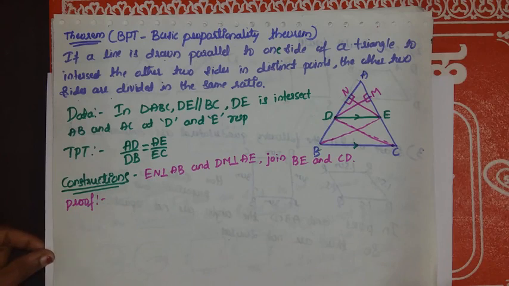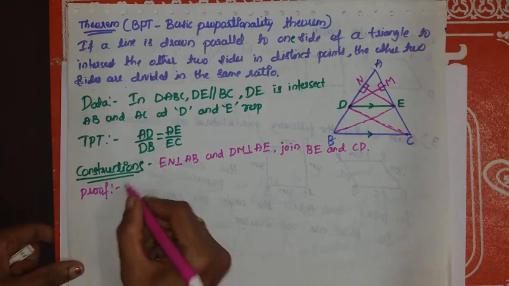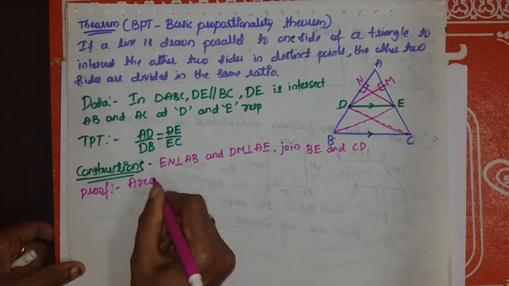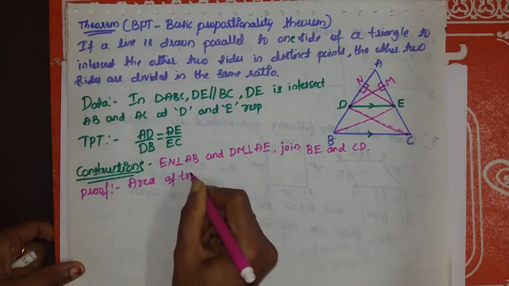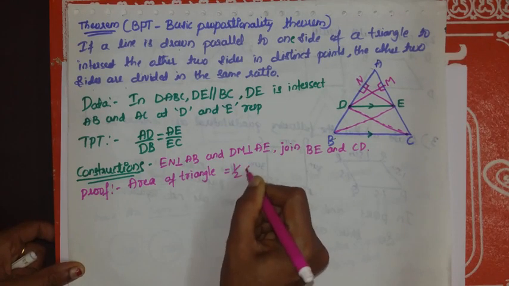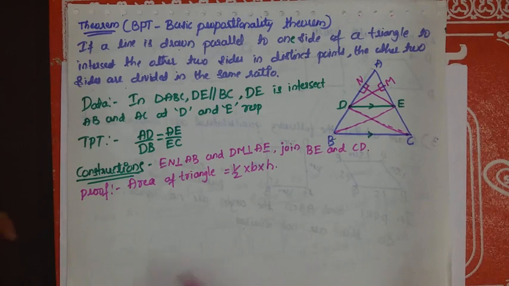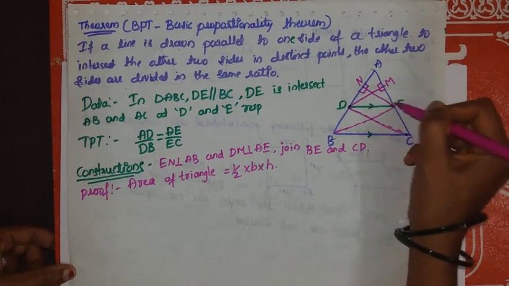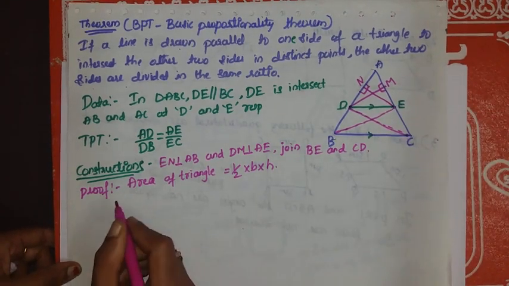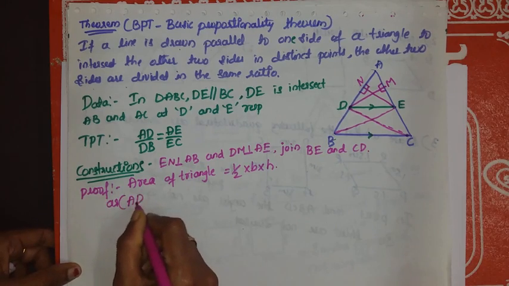In the proof, we know the area of a triangle is half into base into height. In the first case I take area of ADE.